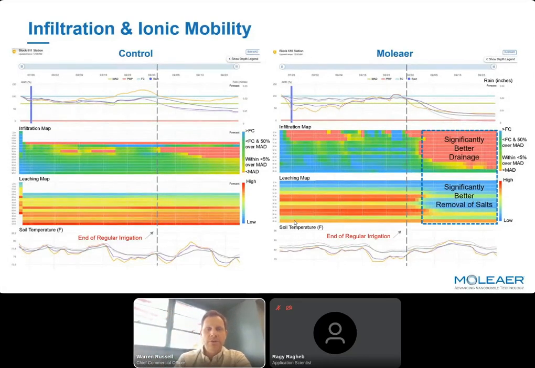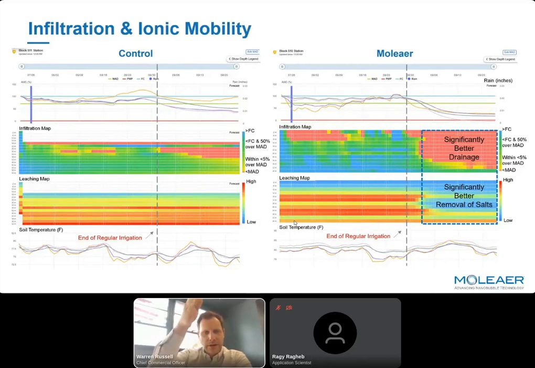And what we're showing on the left-hand side is an adjacent field that's irrigated with the same water, same crop, same control parameters in terms of nutrients and water use. Here we have a sensor showing a heat map. You can see a little bit of that compaction zone, I believe around 20 inches, somewhere in that range.